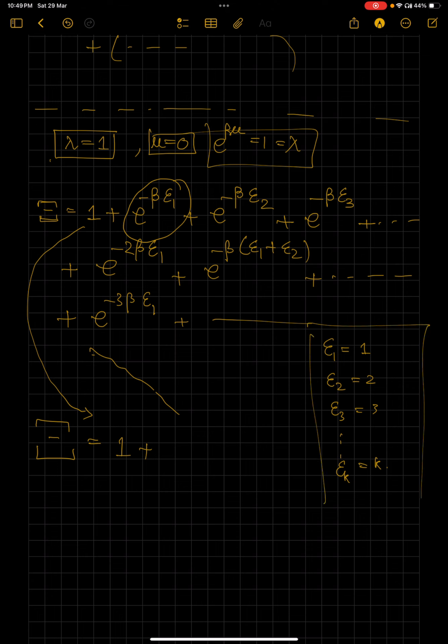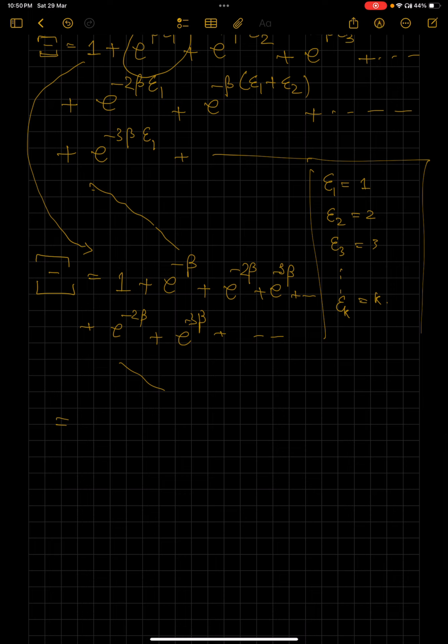I choose this. So then in my system I will have 1 minus beta, minus 2 beta, minus 3 beta and so on. And then here we will have minus 2 beta, minus beta (1 plus 2), that is 3, and so on and so forth.